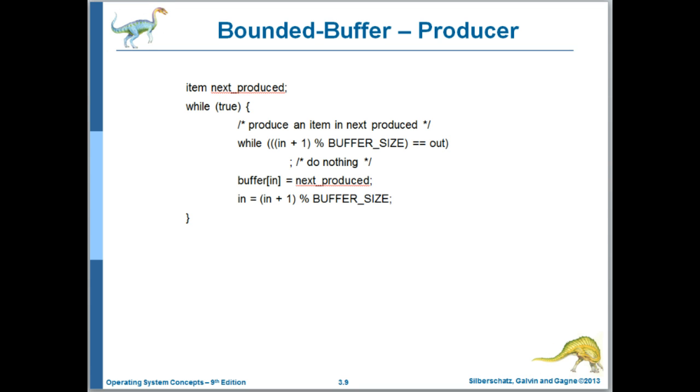Obviously, if we got confused about those two situations, the solution would not be correct. And given that the buffer is implemented as an array, we have to perform modulo operations, which are the percent operators there, to wrap the indices from the end of the buffer array back to the beginning.